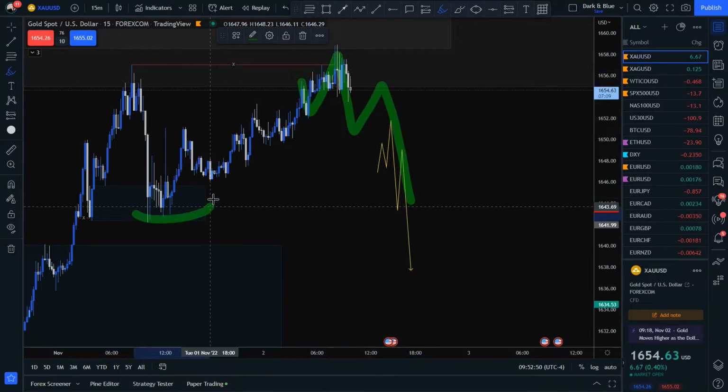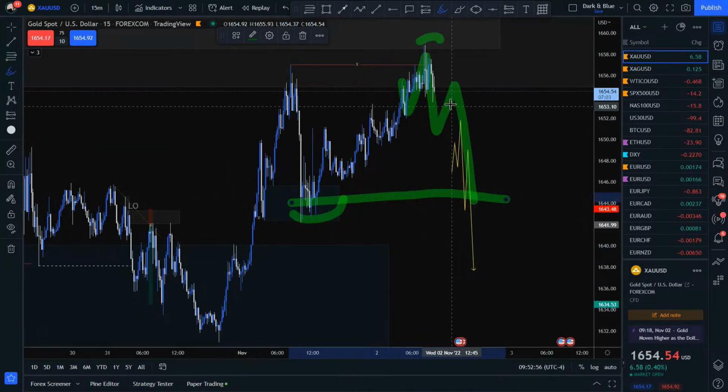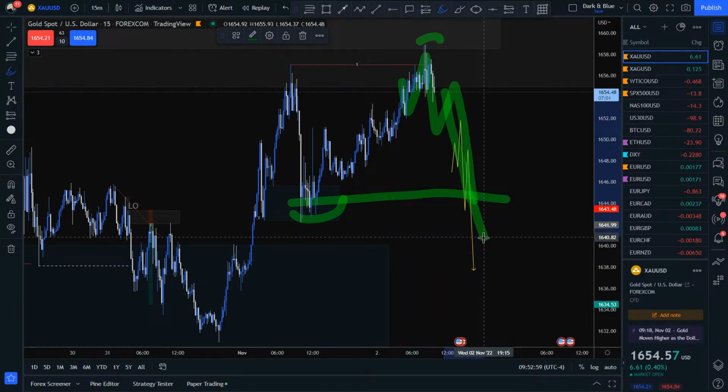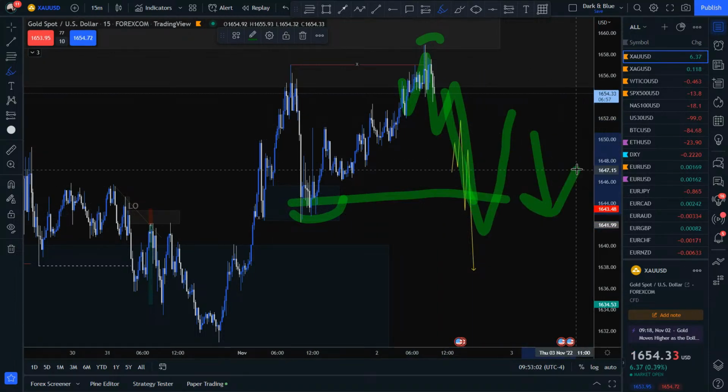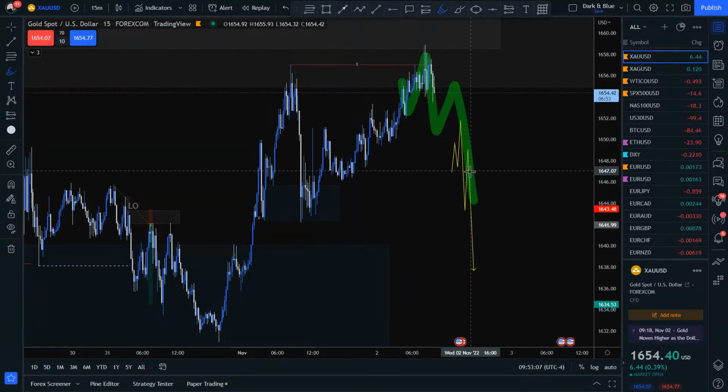a change. If we break the swing that led to that high, this is way more confirmation. This is a confirmation that price is going the other way, right? That's a swing. That's a 15-minute swing.